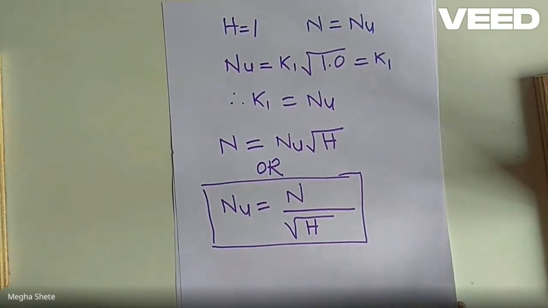Now we are going to see the equation for the unit discharge, and it is denoted by QU. Unit discharge is defined as the discharge passing through a turbine which is working under a unit head. It is denoted by the symbol QU.